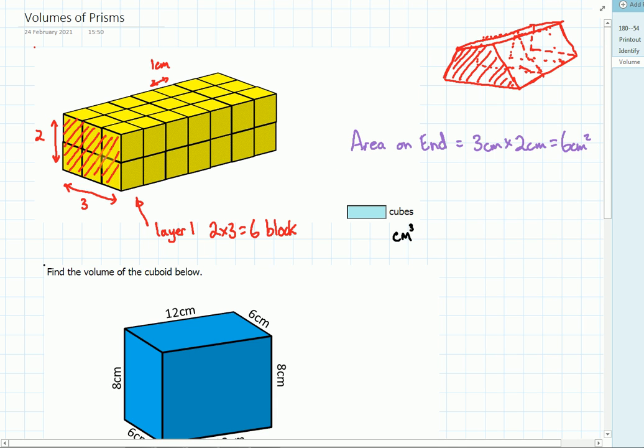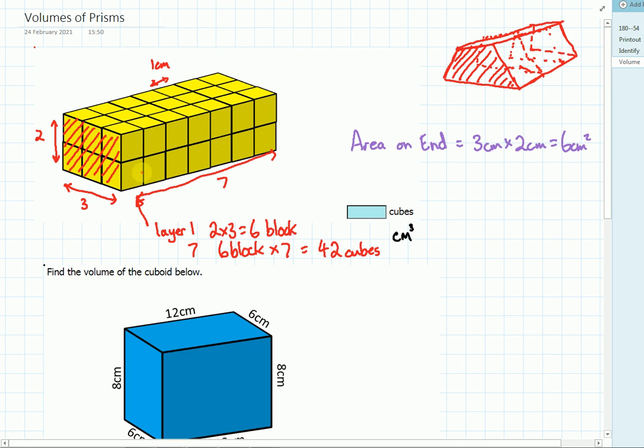So I've got 1 layer of blocks made of 6 blocks. How many blocks have I got going back? I've got 2, 4, 6, 7. So I've got 7 blocks, which means 7 layers. We take our 6 blocks and multiply by 7, and that gives us 42 cubes.